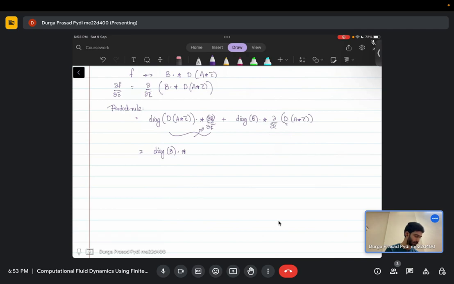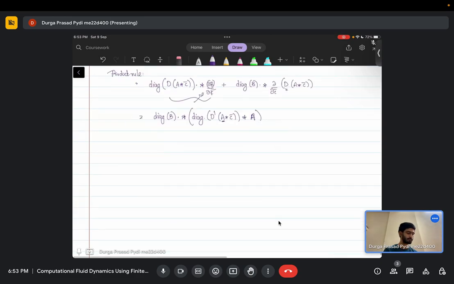We'll be left with diagonal of d prime of A times C bar times, instead of C bar you have coefficient of A, so this just comes out times A. So this is essentially your del F by del C bar.